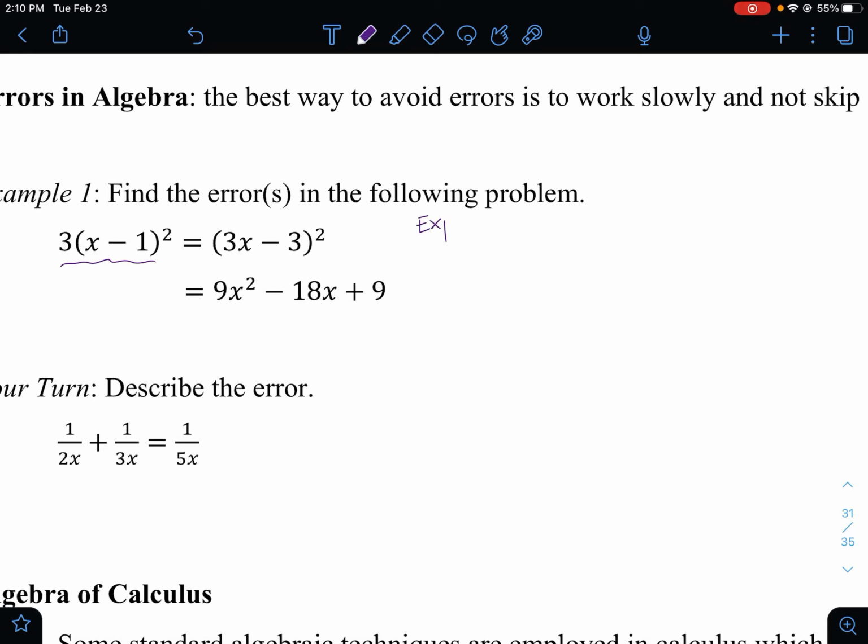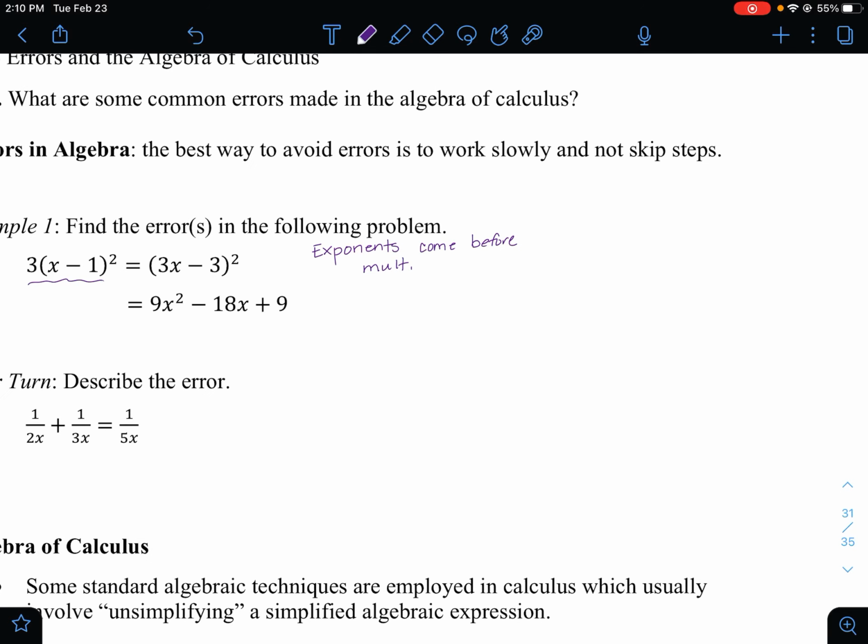Exponents should be done, or they come before multiplication, because the distributive property is just multiplication. So right here was the error.